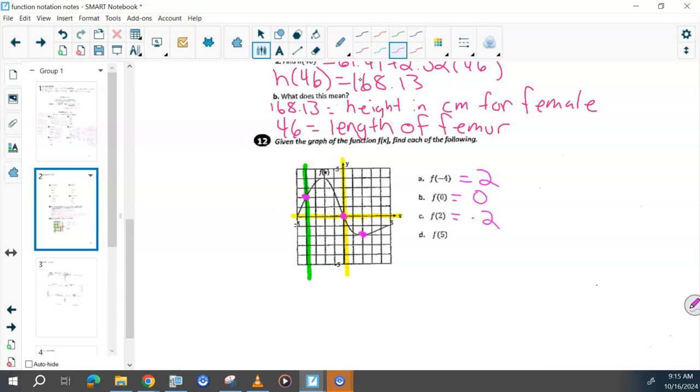And then f of 5. That one's second. Do we have any questions on how we just got those? Go on to the next page.